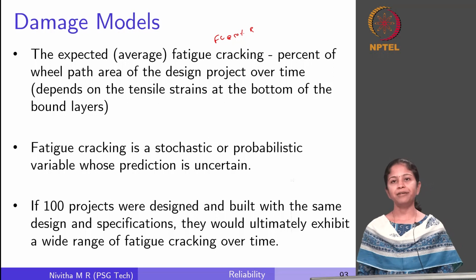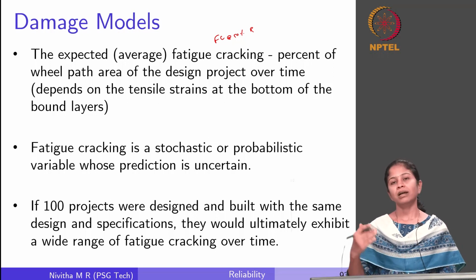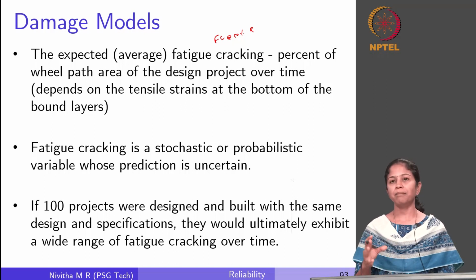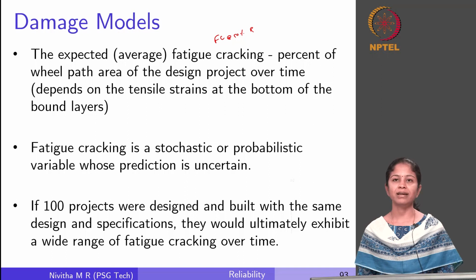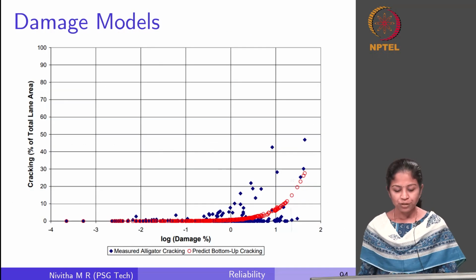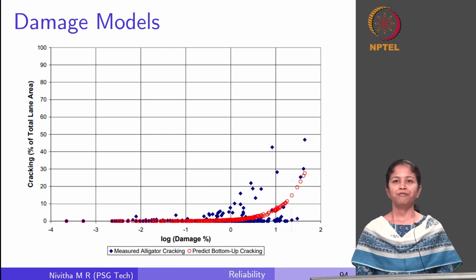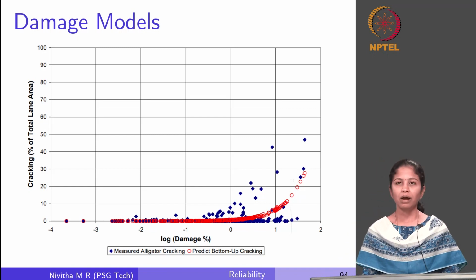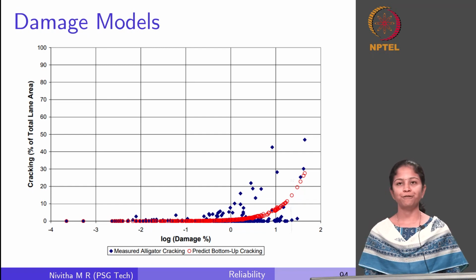So if I consider 100 projects, use the same design and the same specifications, and construct 100 projects, we all know that there will be some variability among the fatigue cracking observed in each of these pavements, right. So this is from the AASHTO study which was carried out and which served as a basis for this MEPDG 2004.